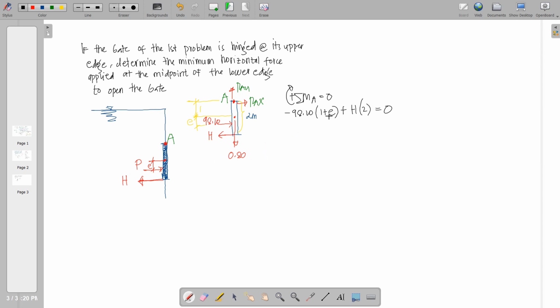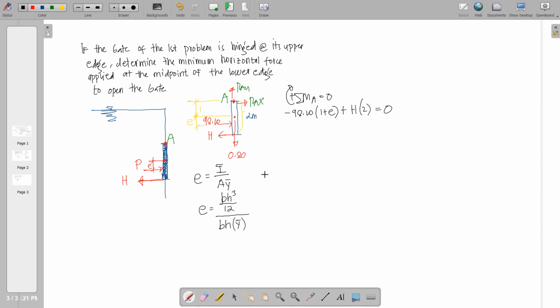So we need to compute for e. Now e will be equal to I bar over A Y bar. Hence e here is equal to b h cubed over 12 for a rectangle, divided by base times height, the area, times Y bar.